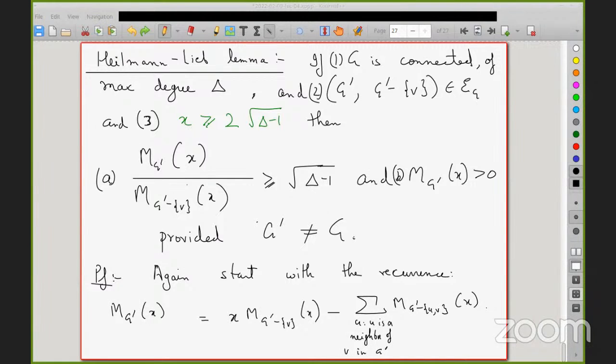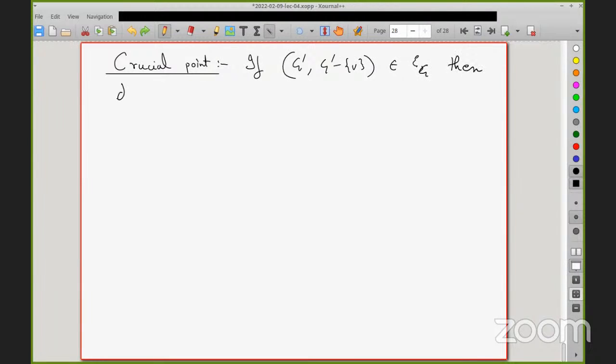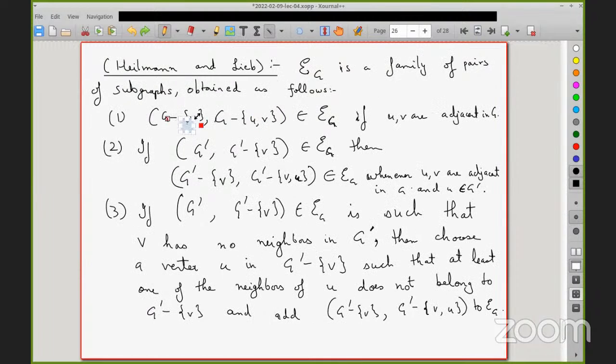And now the crucial point is that if G' minus v are in E_G, then the degree in G' of v is less than or equal to delta minus 1.